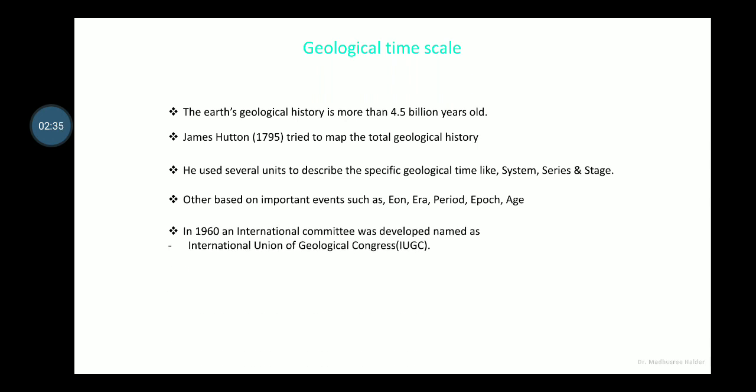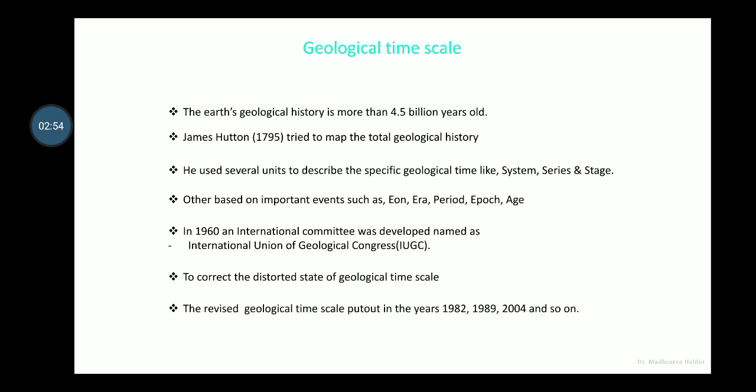In 1960, an international committee was developed named International Union of Geological Sciences, or IUGS, whose function is to correct the distorted state of the geological time scale and publish it in a revised manner, and they published the geological time scale in the years 1982, 1981, and so on.